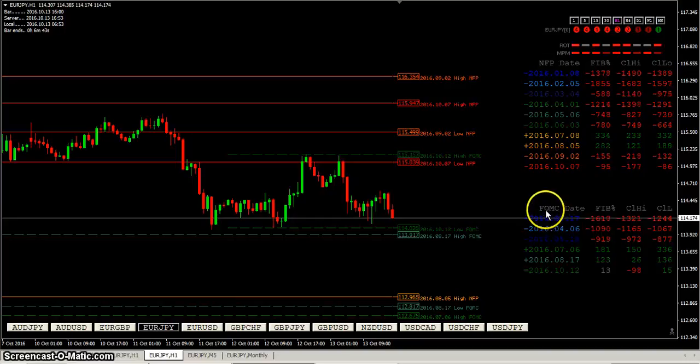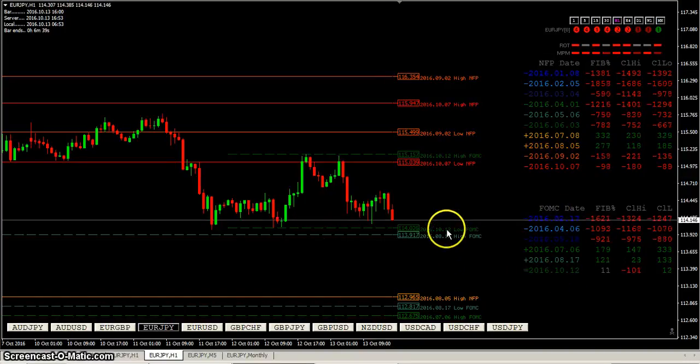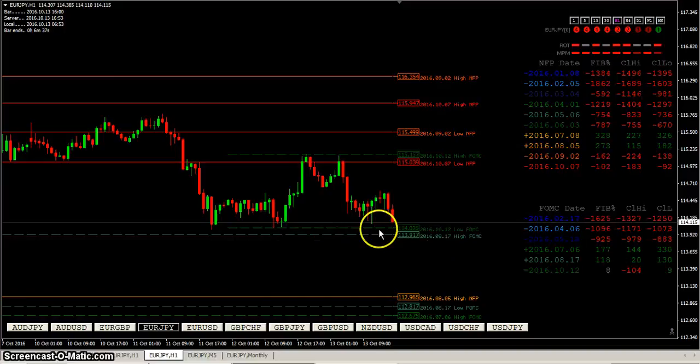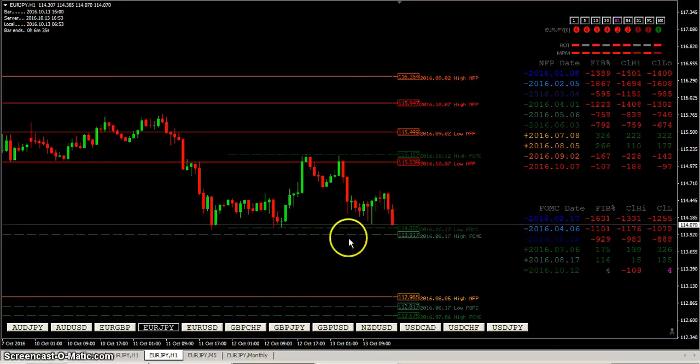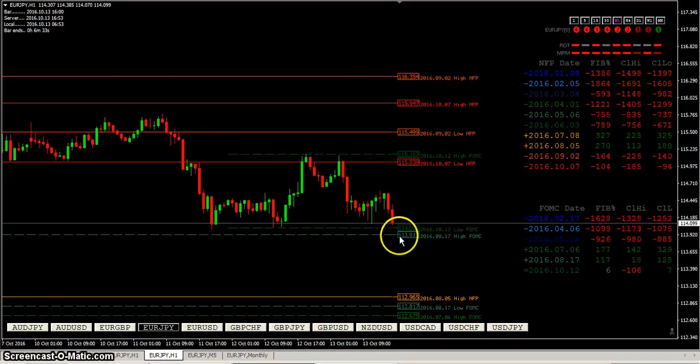So I put in the FOMC meeting minute dates, and you can see here, this was yesterday's, and you can see it's coming right back down in that area. And so it probably will look for some support right in here. Maybe the buyers will come in and push it back up.